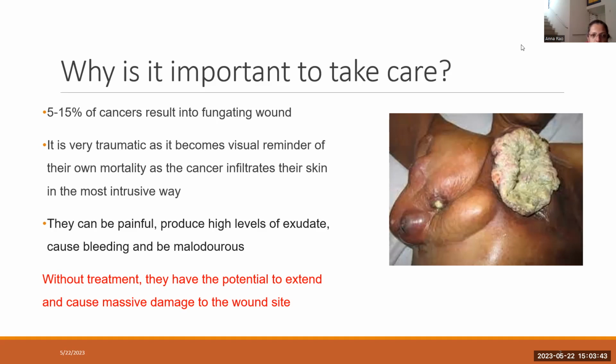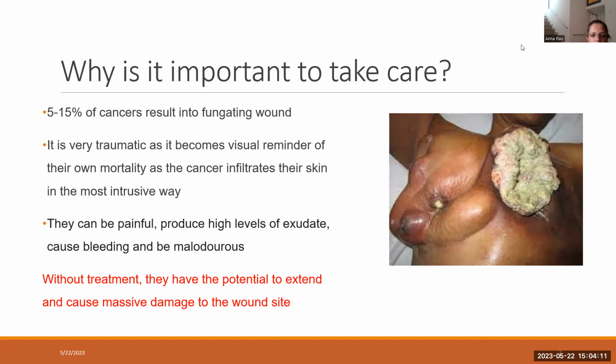However much you try to hide it, the patient is not able to hide it completely, and he will feel very embarrassed. So it will be a kind of visual reminder 24 into 7. Other people may see it for a short period of time, but the person who is suffering with it will be seeing it all the time.